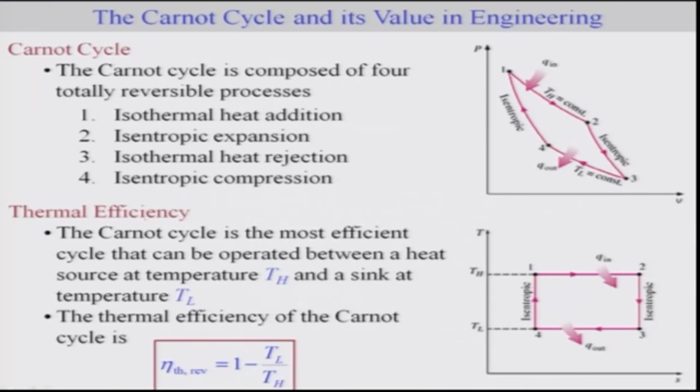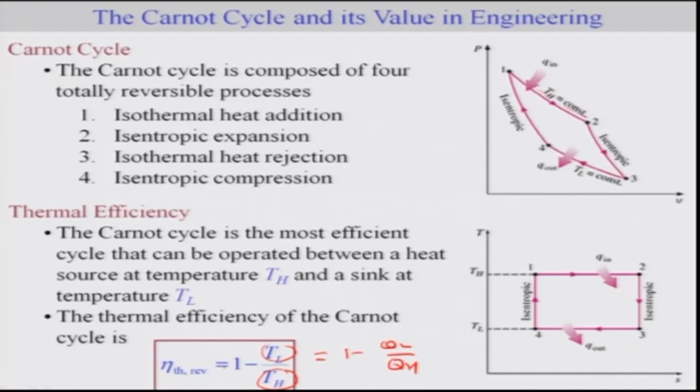So the Carnot cycle is composed of heat in at constant temperature, that is isothermal heat addition, then isentropic expansion, which is nothing but adiabatic reversible expansion, then constant temperature heat rejection, that is isothermal heat rejection, followed by isentropic compression. And for the case of a Carnot cycle, we have already developed this relation, that the efficiency can be written simply as 1 minus the ratio of TL and TH.